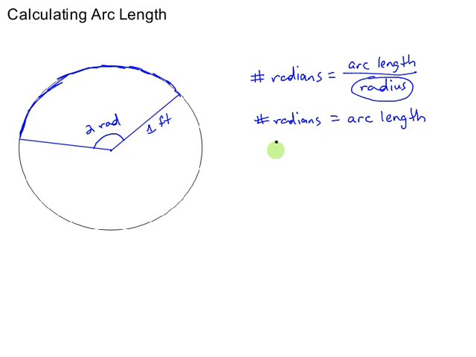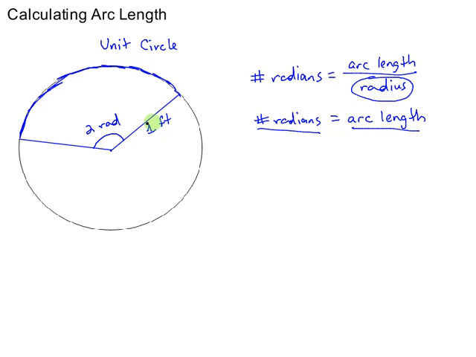So, this is interesting. If the circle has a radius of 1, by the way, this has a special name. It's called the unit circle. Unit meaning 1. Unit circle has a radius of 1. If you have a radius of 1, the angle in radians equals the arc length.